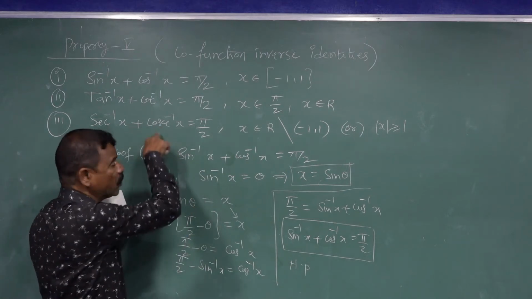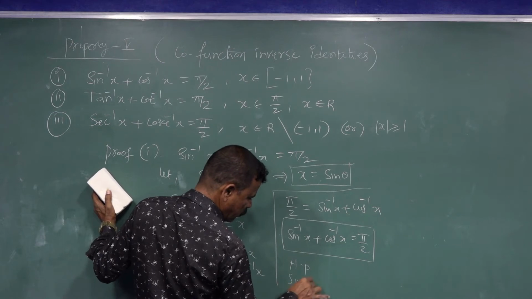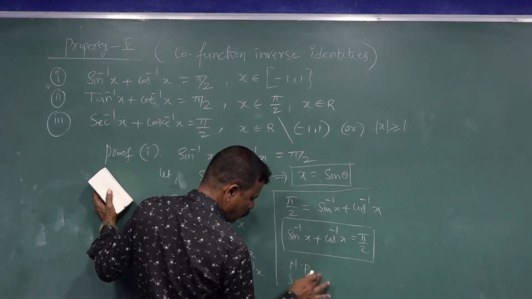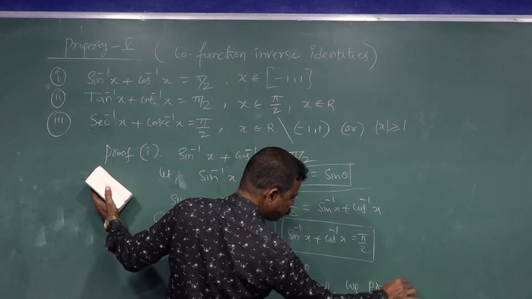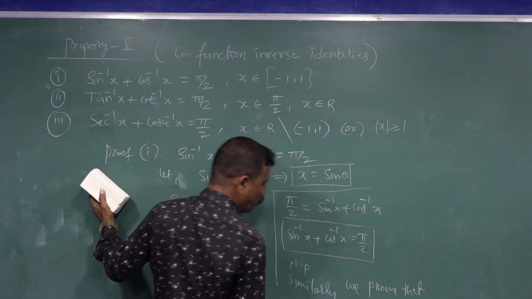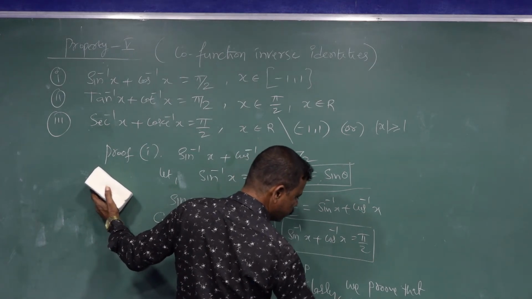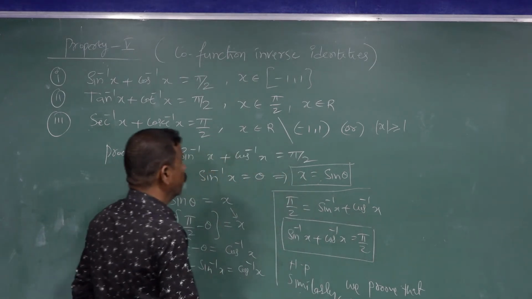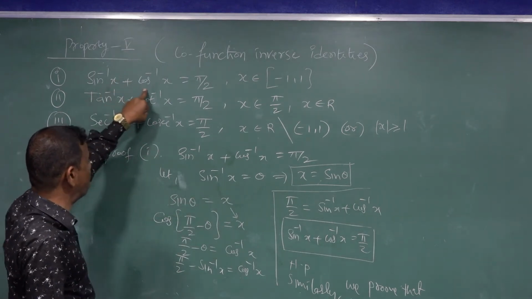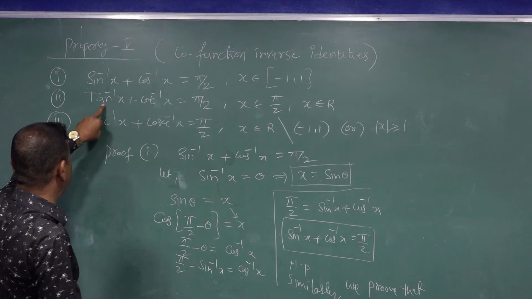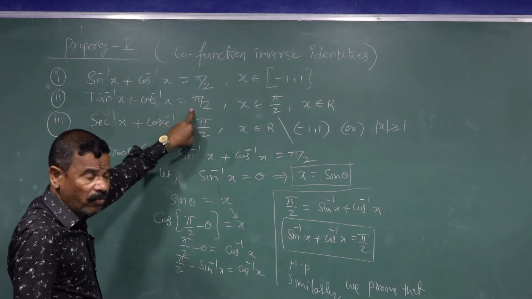Similarly, the remaining two also we can prove, the second and third. Sin inverse, its cofunction cos inverse, is π by 2. Tan inverse, its cofunction cot inverse, is equal to π by 2.